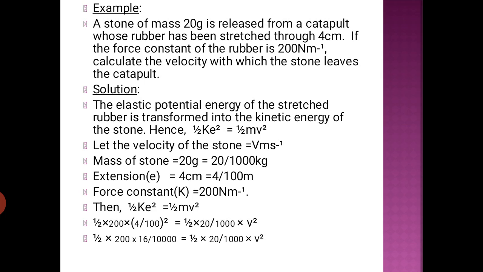That will give you half times 200. When you open the bracket, you have 16 over 10,000 equals half times 20 over 1000 times v squared.